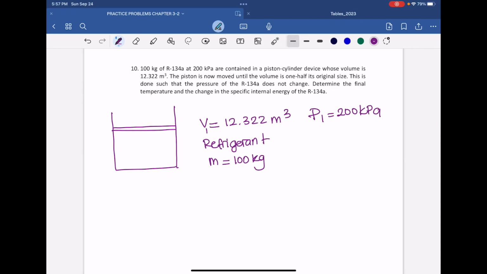The piston is now moved until the volume is 1/2 of its original size. So the half of the original size, right? And this is done such that the pressure doesn't change.